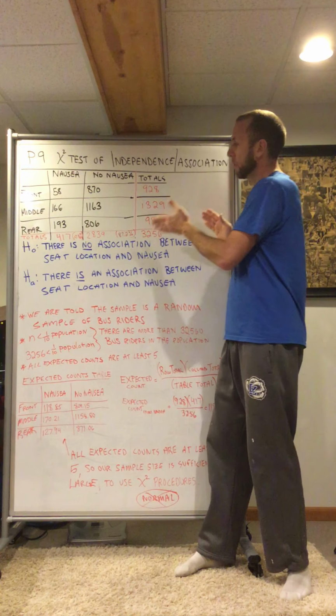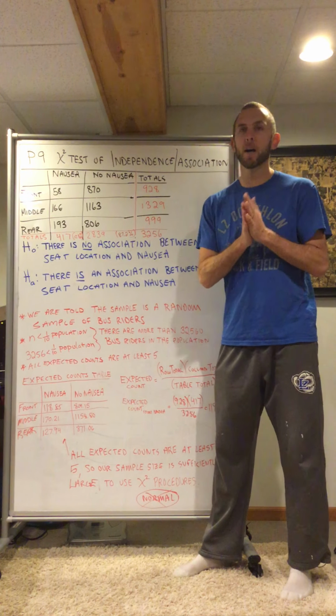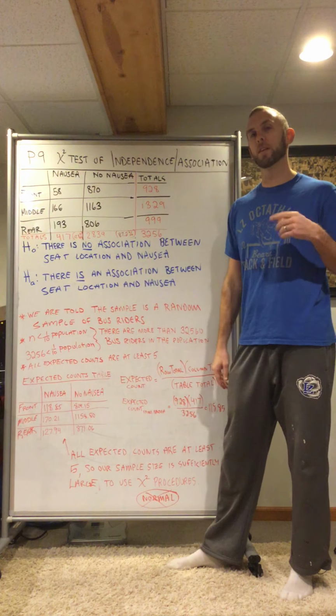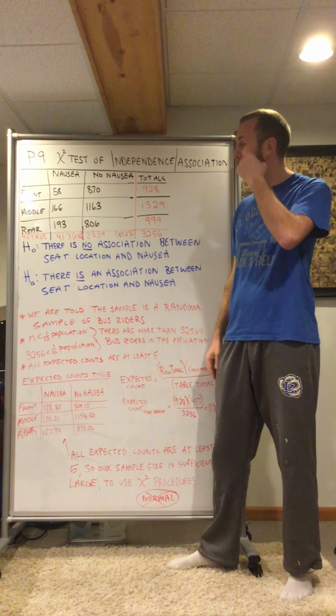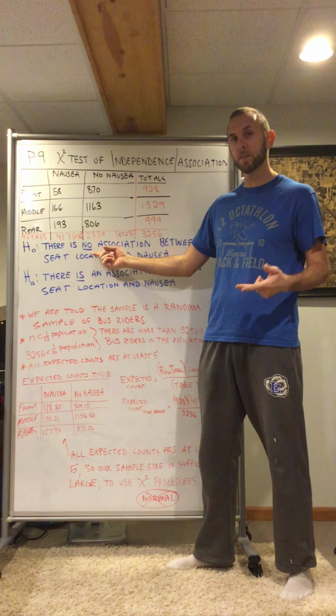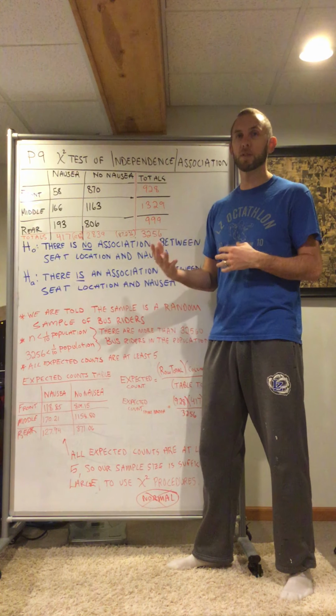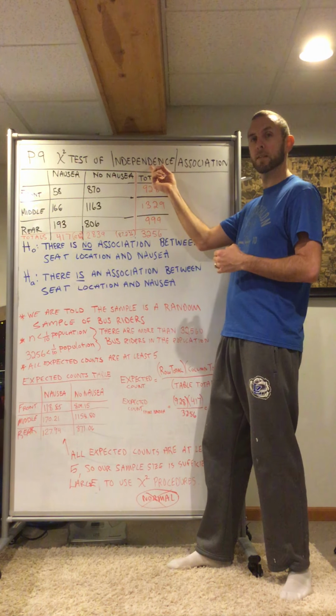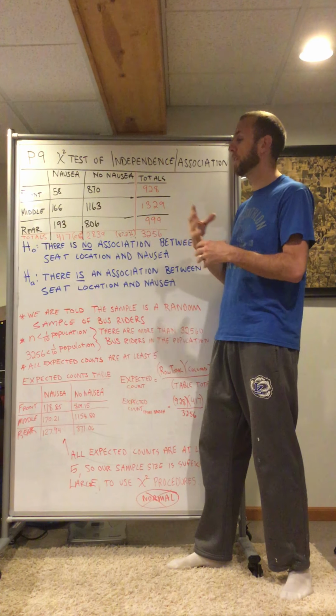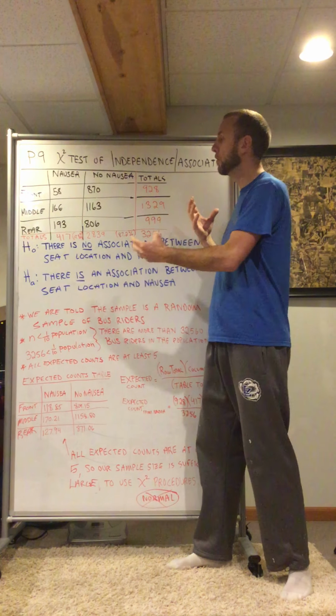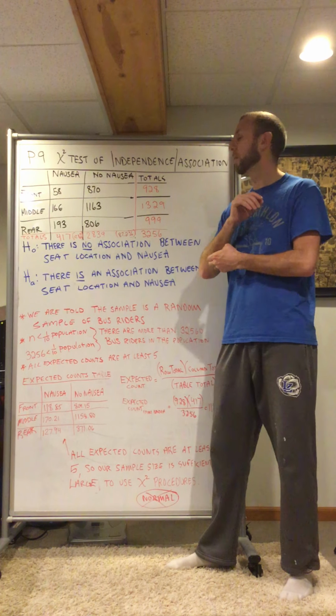So, check out our hypotheses. The null hypothesis, recall that null means no change or no difference, or in this case, no association. No association is the same thing as independence. If there is no association, the two variables are in fact independent of each other.